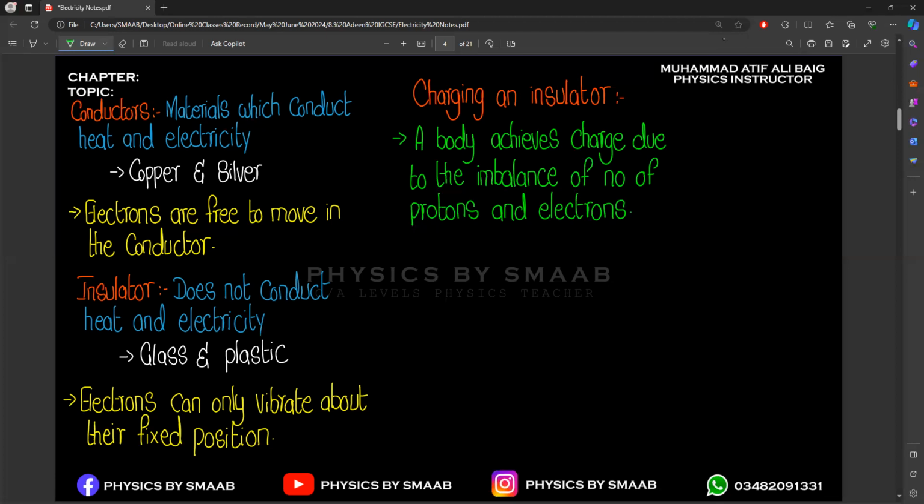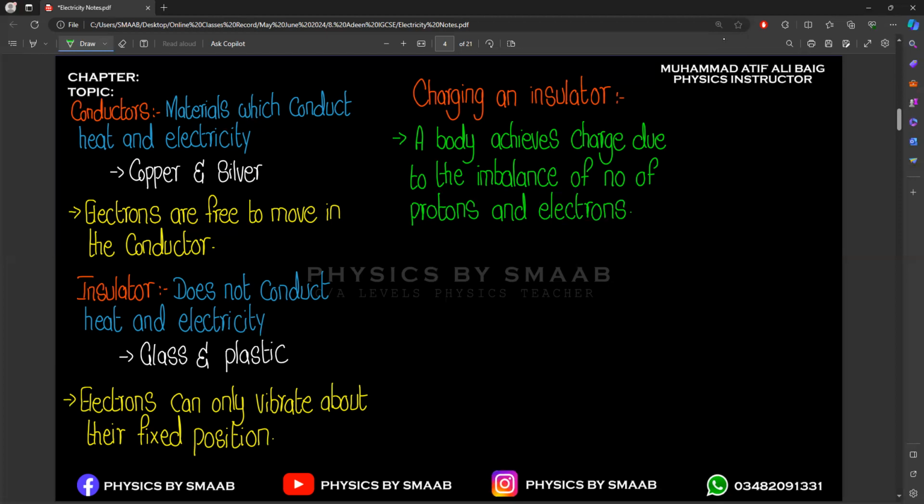And one more important thing, we also discussed in nuclear physics that protons are in the nucleus. So protons are not able to move because they are in the nucleus. So which element is able to move freely? Electrons. There is no boundary for electrons, like there is no bonding of electrons with some other thing.